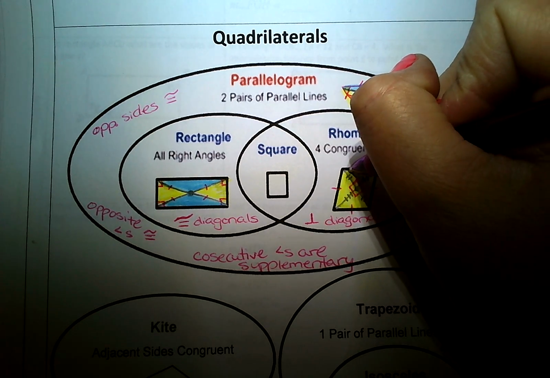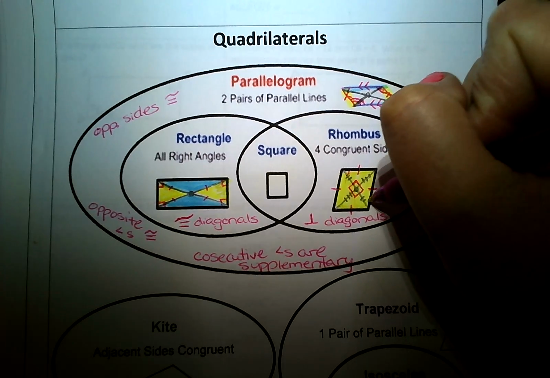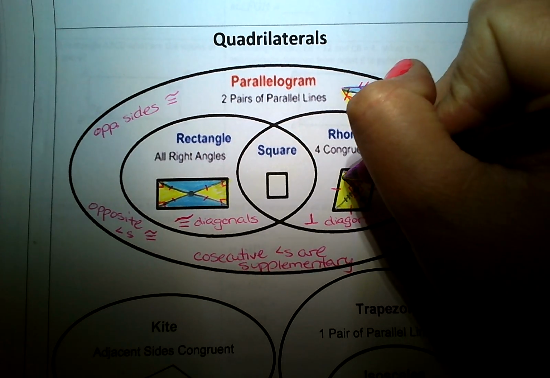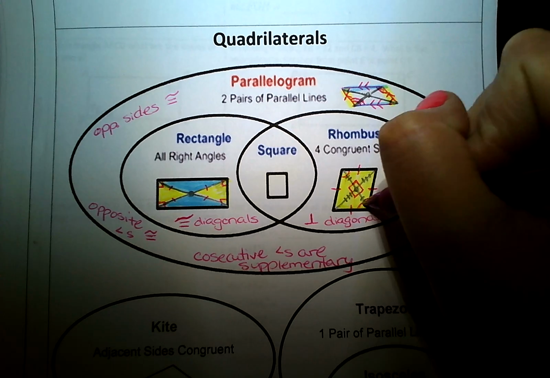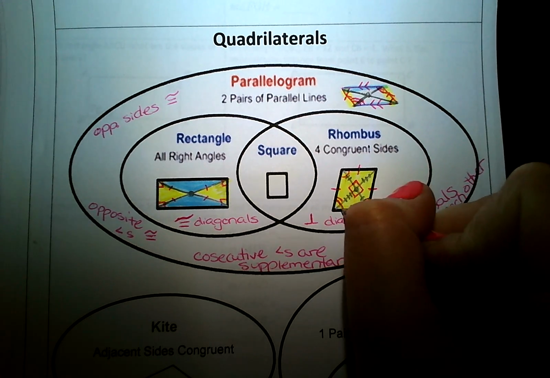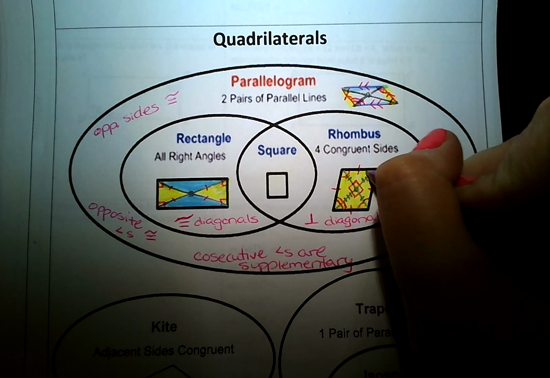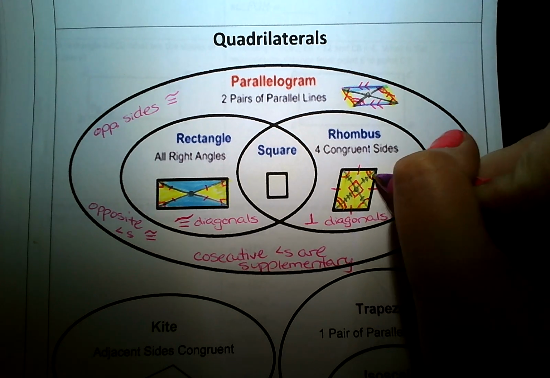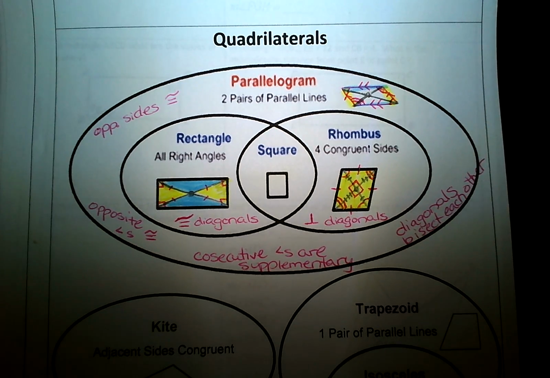So everything on the right side of the diagonal is on the left side of the diagonal. Everything on the top half of a diagonal is congruent to the bottom half of the diagonal, because each of the diagonals is a line of symmetry, creating four congruent right triangles.